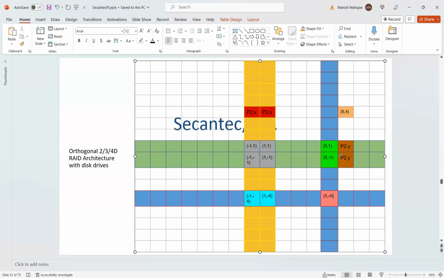So this makes it a very highly available and very fault tolerant system, and it can easily scale to a very large number because it can go to 2 dimensions, 3 dimensions, 4 dimensions. And if there is any interest in having the Reed Solomon Erasure Encoder Decoder in Verilog, please contact me. Thank you.